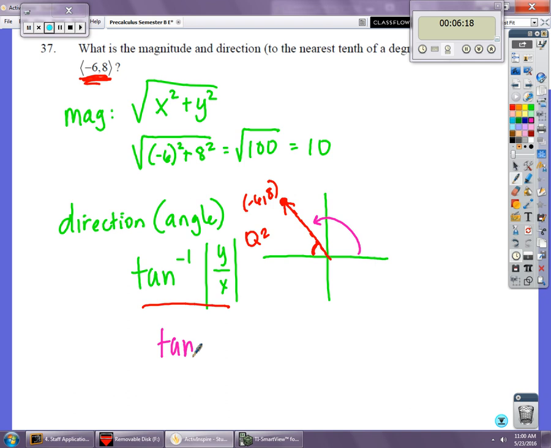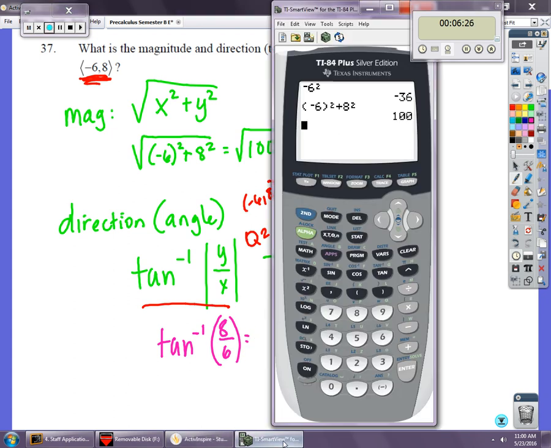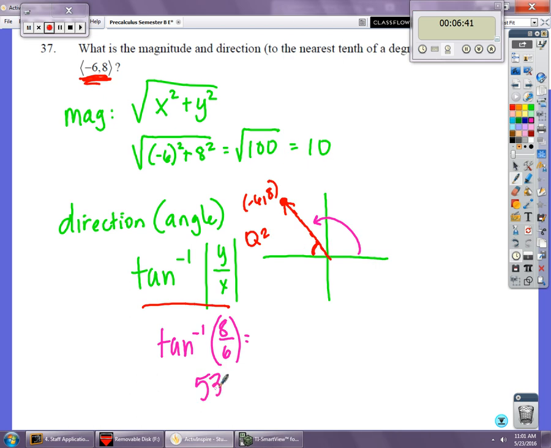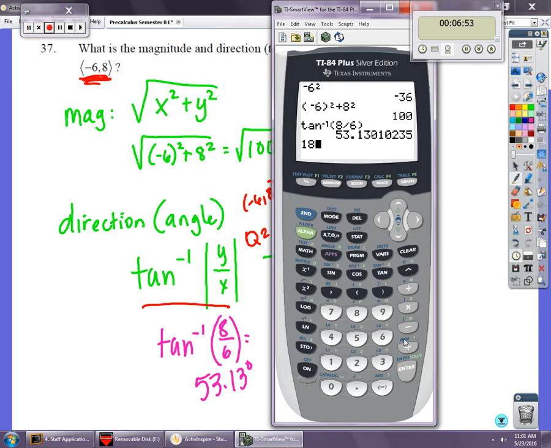So inverse tan of 8 over 6, again putting everything in positive. Make sure you're in degree mode. I think I'm still in degree mode from the last couple of problems. So I get 53.13 degrees, but that's the reference angle. To find the true angle, we're going to take 180 and subtract that to place it in the correct quadrant.